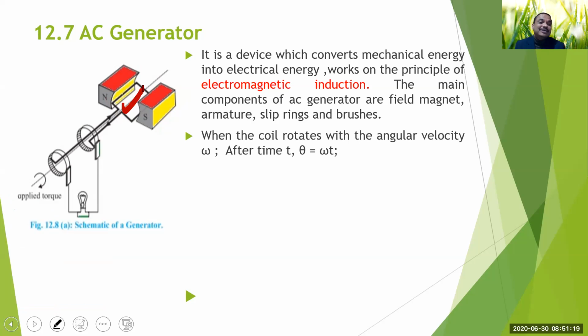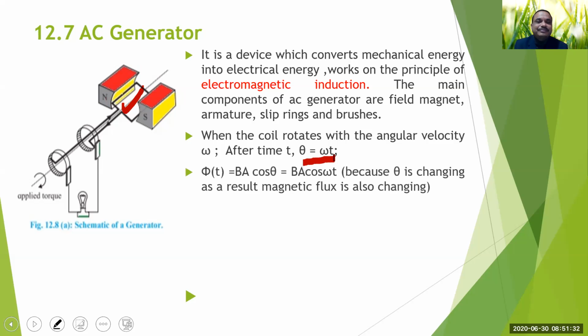As the armature rotates with angular velocity omega, the angular displacement after time t, that is theta, is equal to omega t. The flux associated with this coil varies as a function of t. So phi of t is equal to BA cos theta.